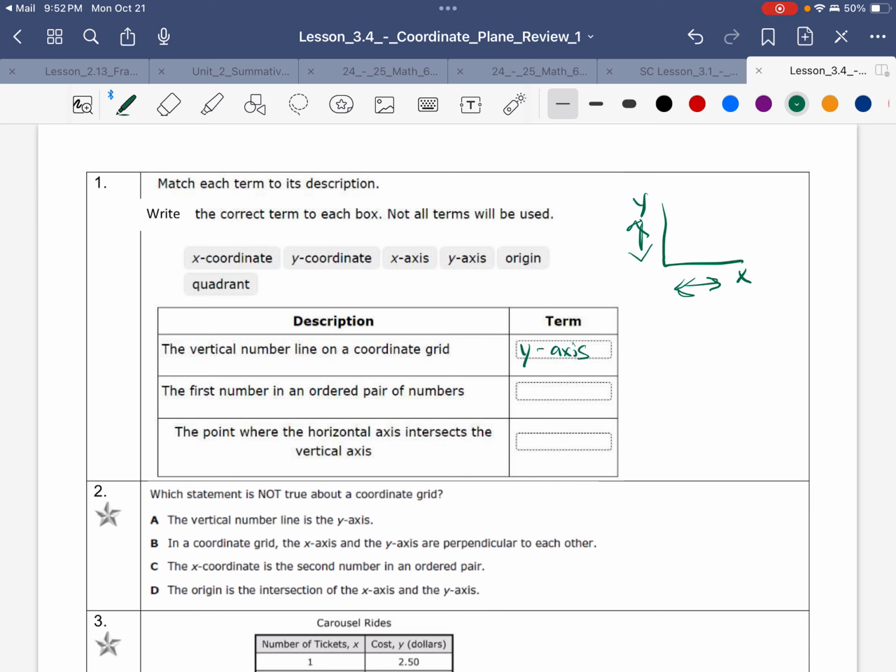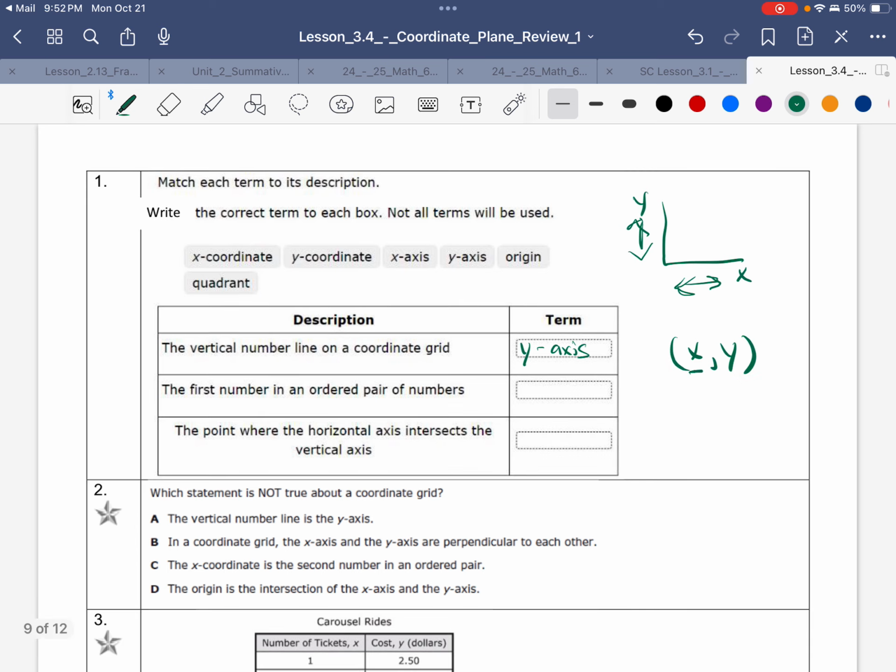The first number in an ordered pair. So our ordered pair, remember, is this set up here. So our first number would be our X coordinate. The point where the horizontal axis intersects the vertical axis.